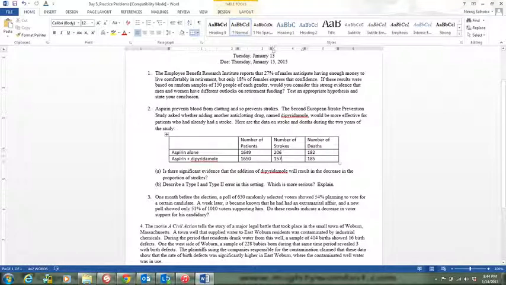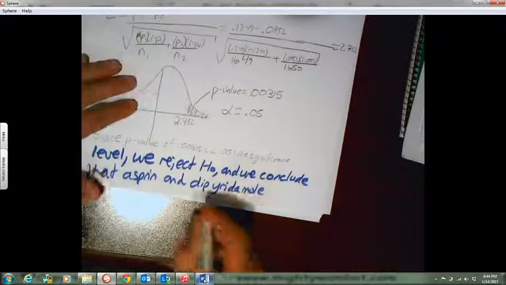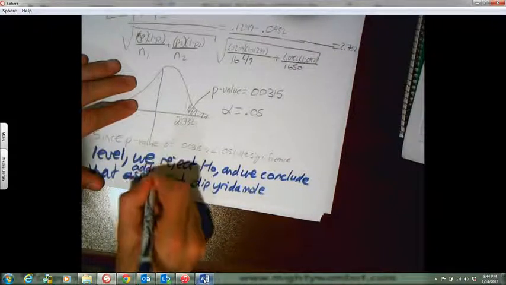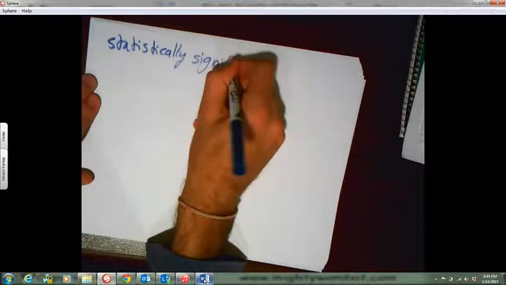Really, that adding dipyridamole will statistically significantly reduce the proportion of strokes.